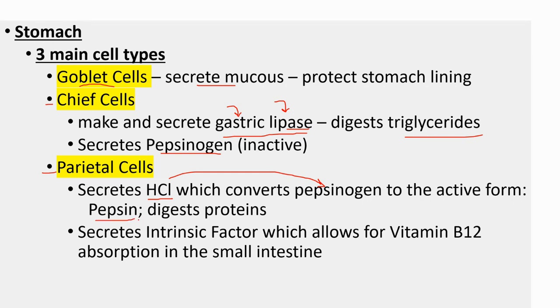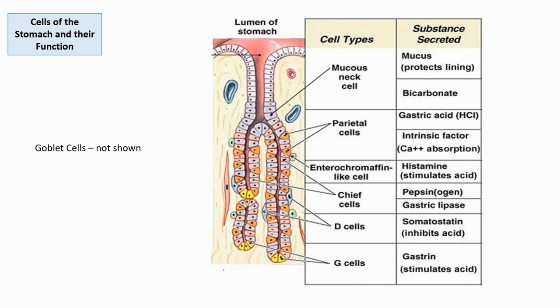That pepsin is going to digest those proteins. Parietal cells also secrete this chemical known as intrinsic factor. Intrinsic factor allows for the vitamin B12 absorption in the small intestine. So that's a big thing when we talk about vitamins in the next chapter.